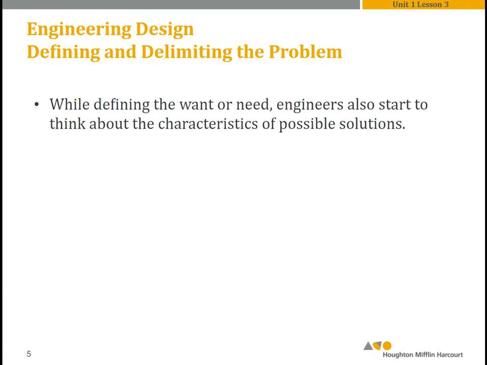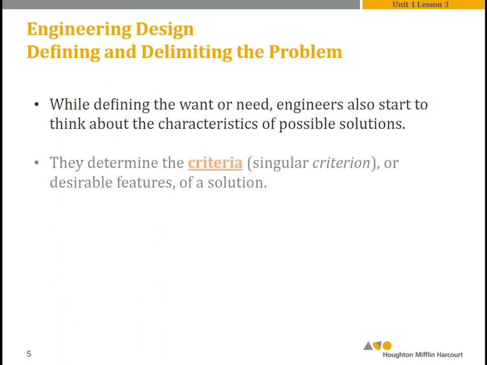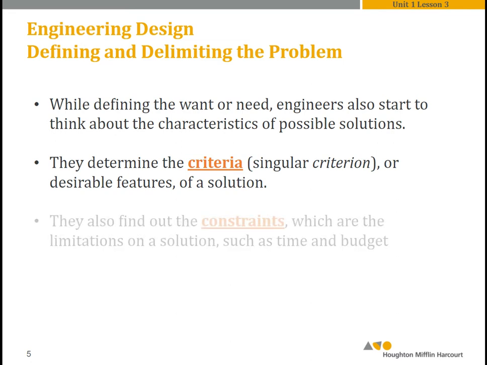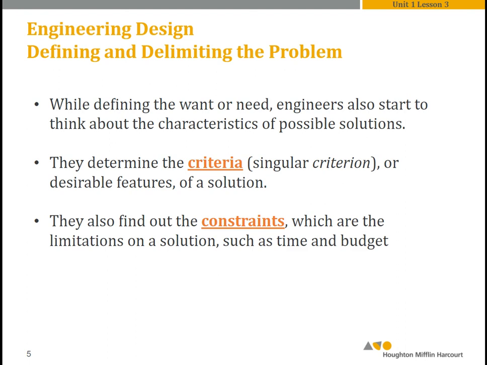While defining their want or need, engineers need to start thinking about the characteristics of the possible solutions. They don't want to get too far into the design process while just defining the problem, but they do start to think about the criteria and the constraints.